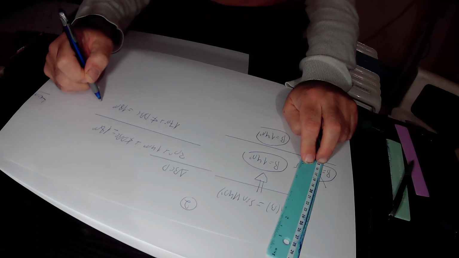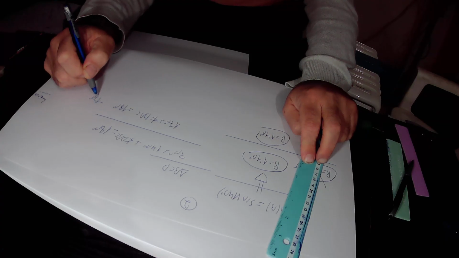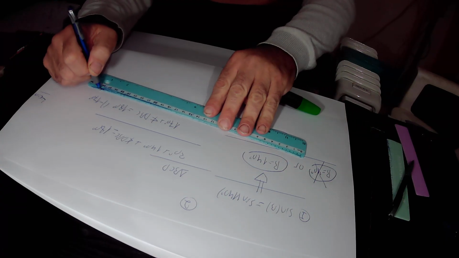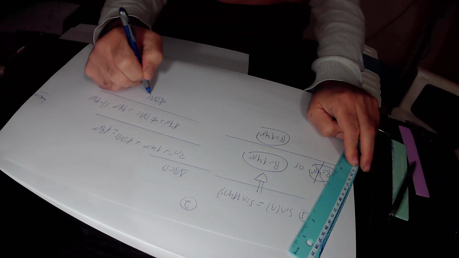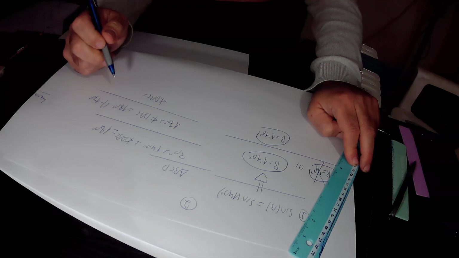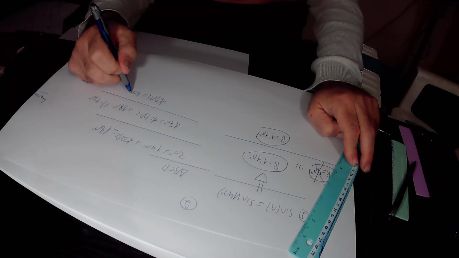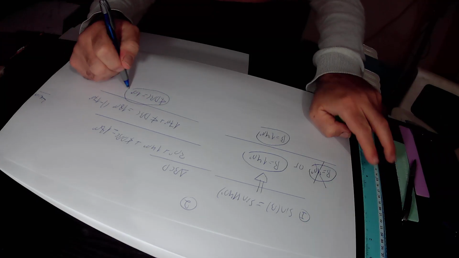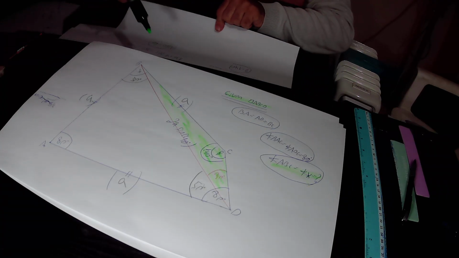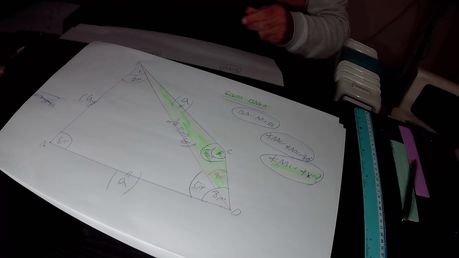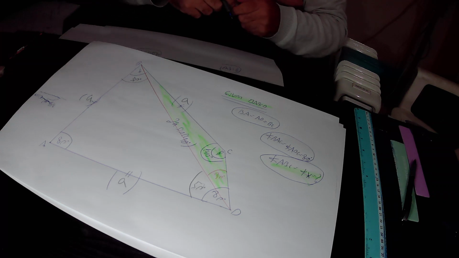Here we subtract 170 degrees from this equation, and we get that the missing angle DBC is equal to 180 degrees minus 170 degrees, which is 10 degrees. So the missing angle DBC is equal to 10 degrees in its size.